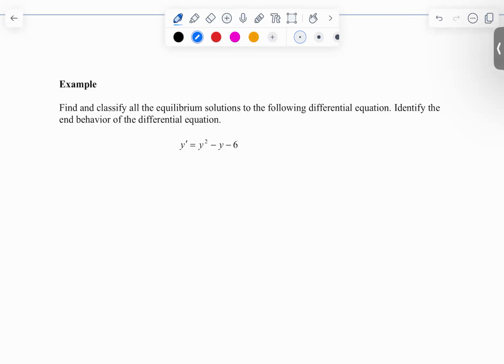As always, we need to start by doing what? With our differential equation, setting it equal to 0. Nothing novel, nothing crazy.